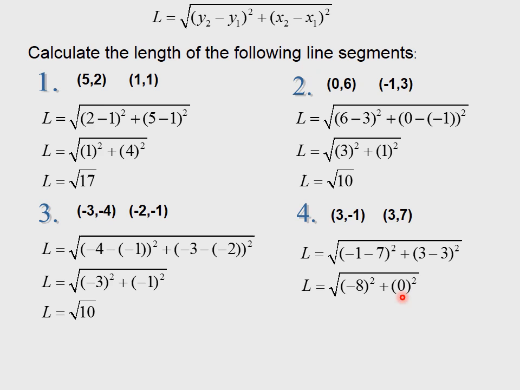And 3 minus 3 is 0. We're going to square each, and we get 64. Square root of 64. And we're done. Okay, so that's the length of a line between 2 points on a graph. Oh, this one works out nicely, so we can write 8. Okay, so only get rid of the square root if the answer works out nicely.